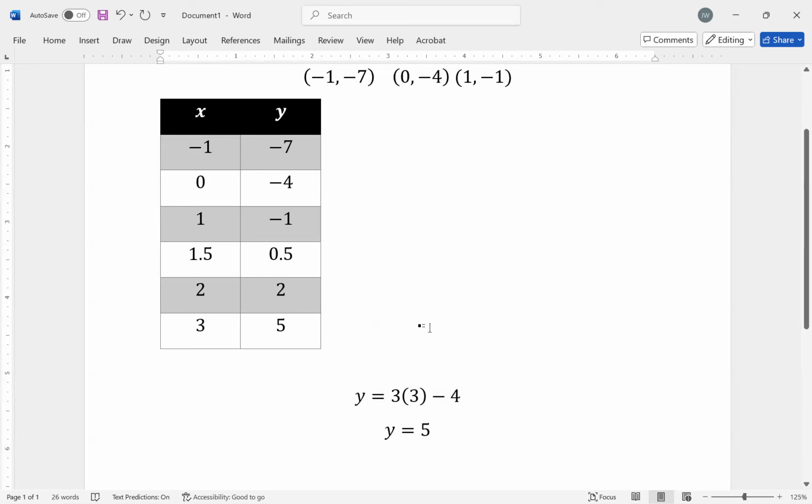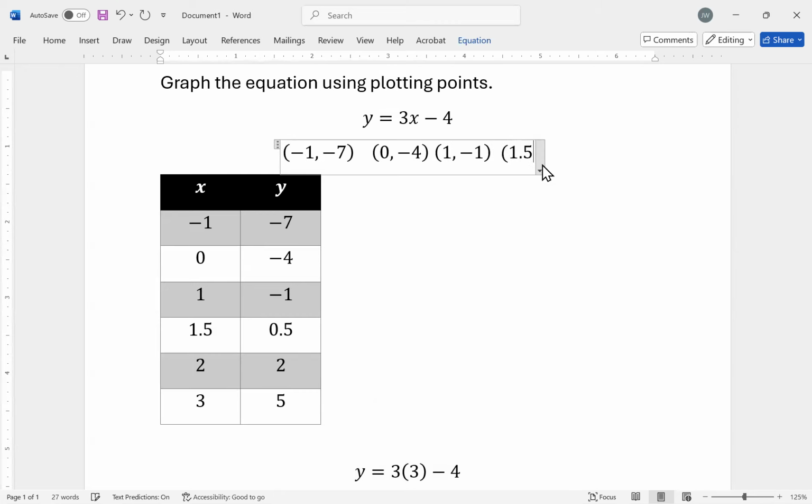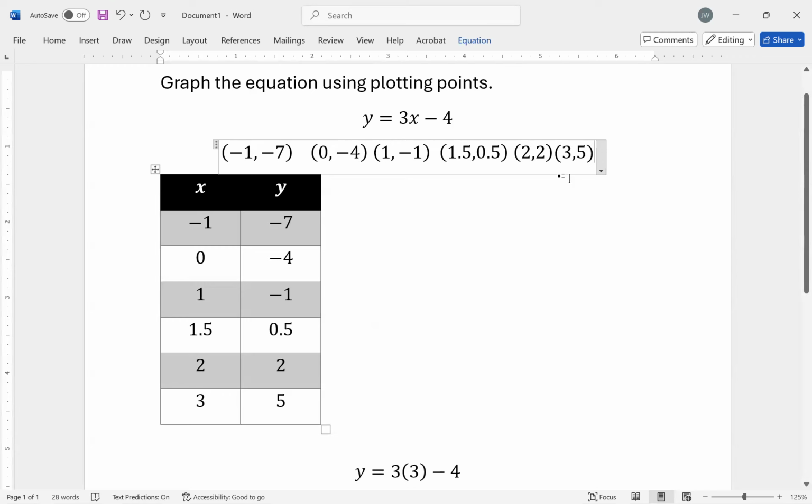You can plug in lots and lots of x values if you'd like. But for right now, we hope that if we plot all of these points, we can see a pattern. So I'm going to take all of these points and plot those on the Cartesian coordinate plane and see what the pattern is.